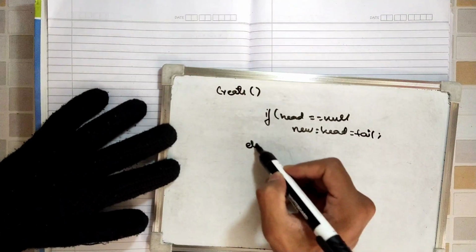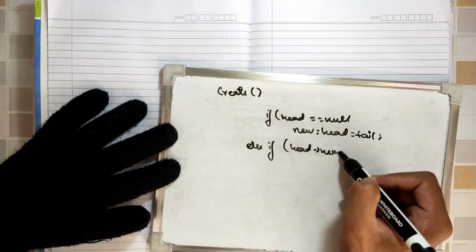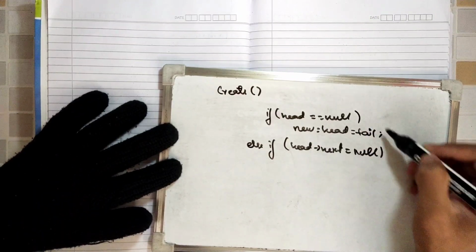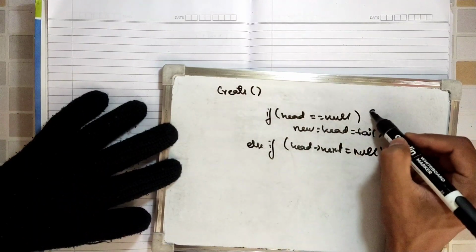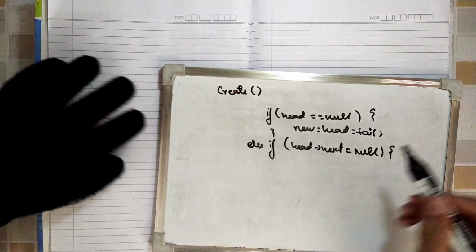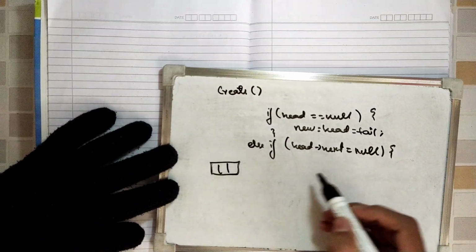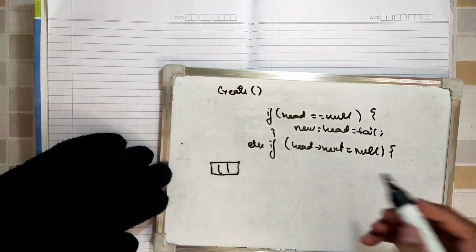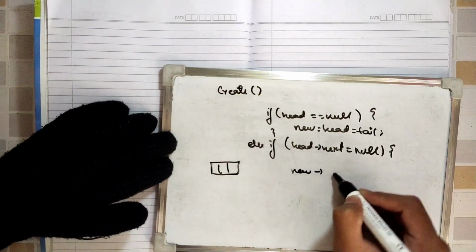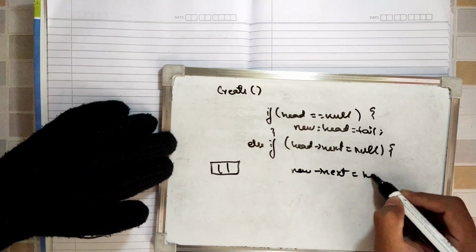Now again else, if head of next equals to null, same thing here also. Else if, the bracket will open, it will close here, again it will open here. Now here we will see. If one node is already present, then what we will do, we have to insert, right? So now new of next is equals to head.